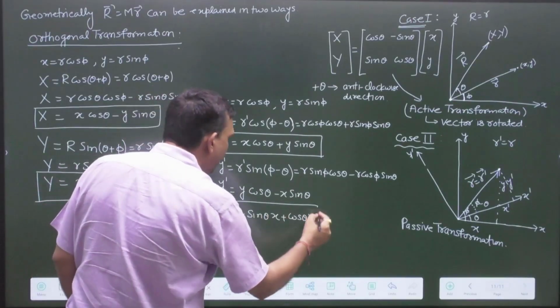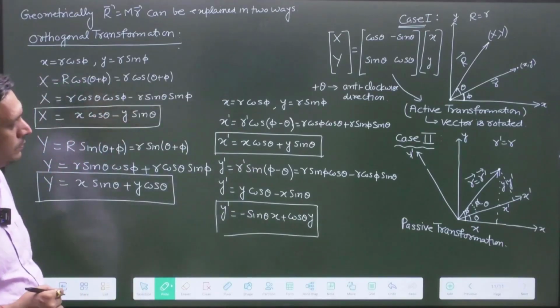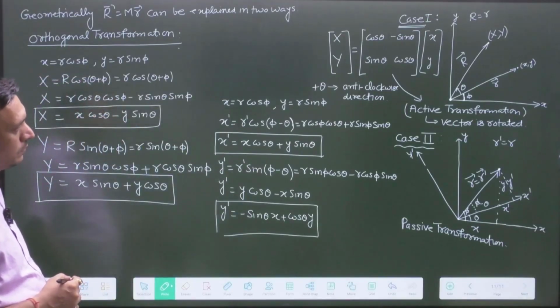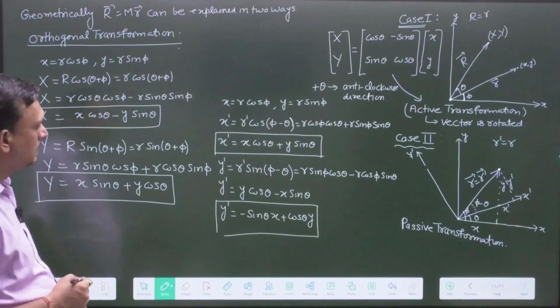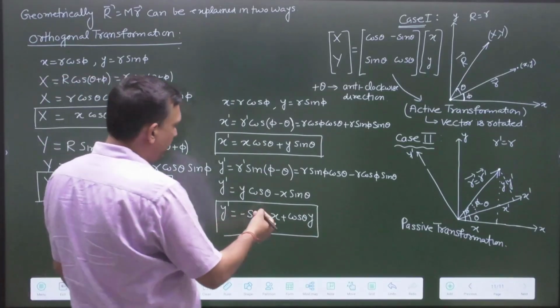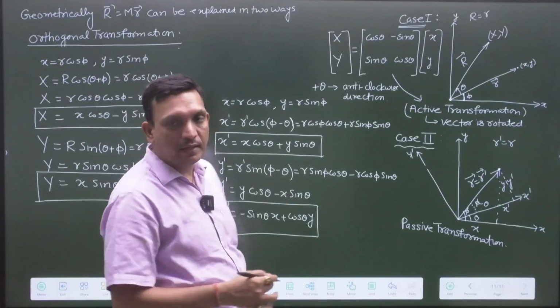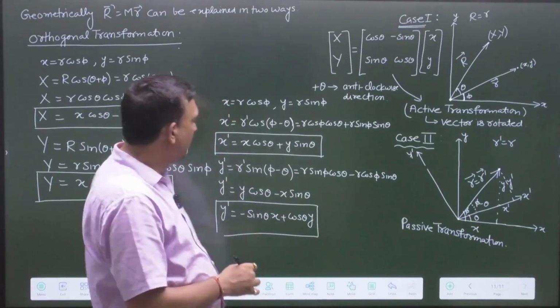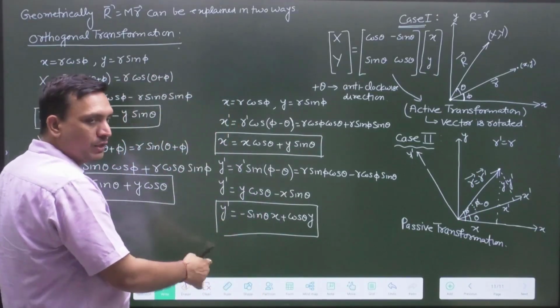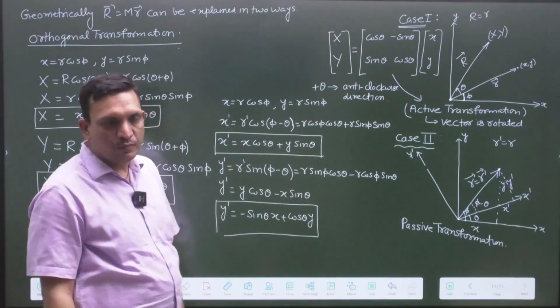So this is y dash. If you know the component of the vector with respect to the xy system, you can find the component with respect to the x dash y dash system.